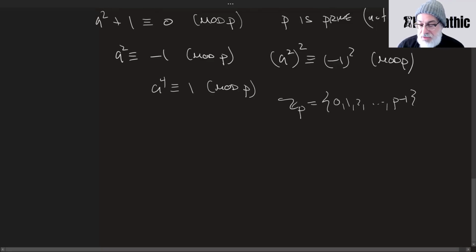So notice I have Z mod p. If I collect the units mod p, I have this lovely set of reps. And that forms a group.